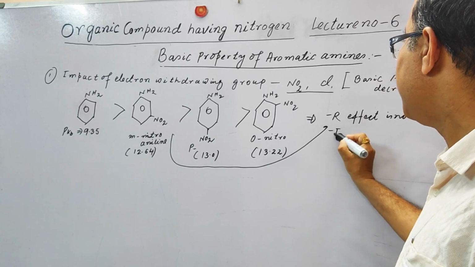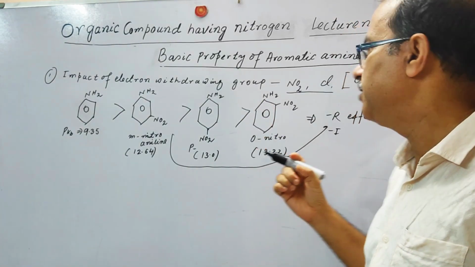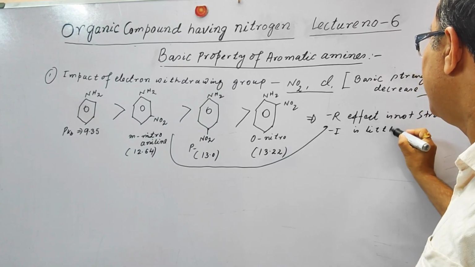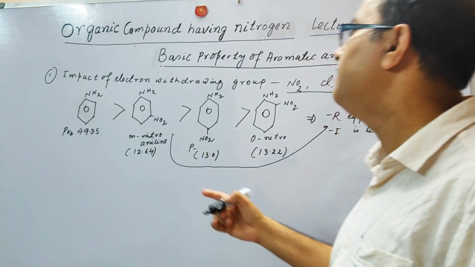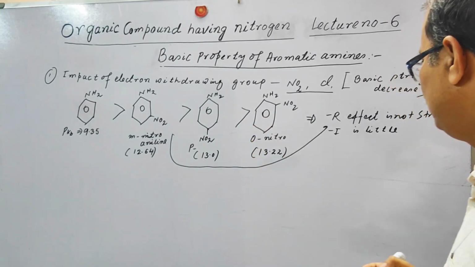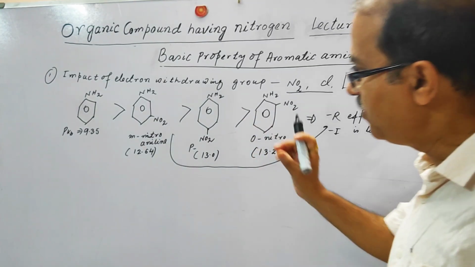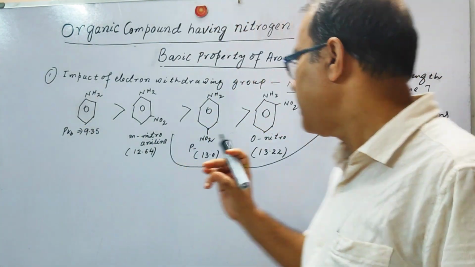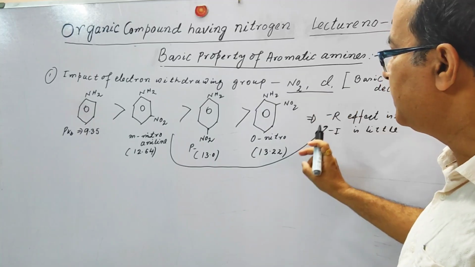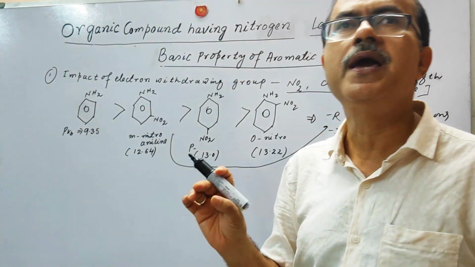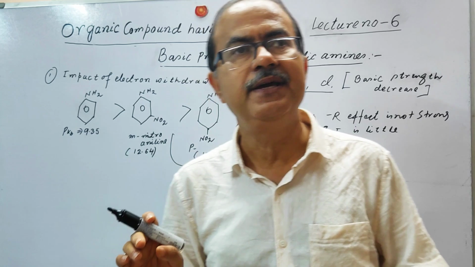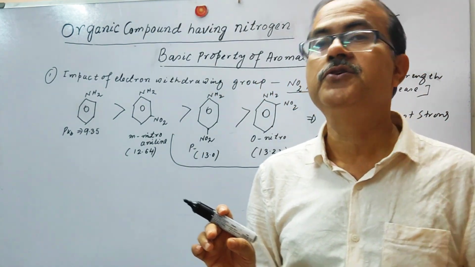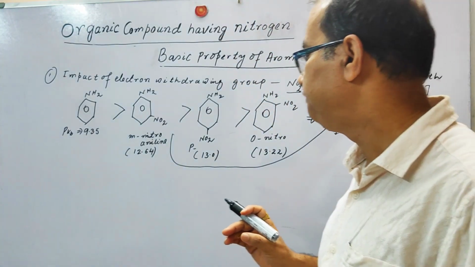Only the minus I effect, that is the electron withdrawing effect, is operative, and that is why it has the higher basic strength as compared to para. So you understand, when the position changes, that also has an impact. And the ortho position, we will see, has the least basic strength. So it is not only about incorporating electron withdrawing groups, but position is also a very important thing.